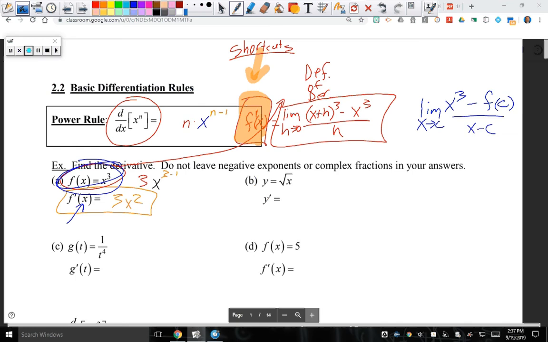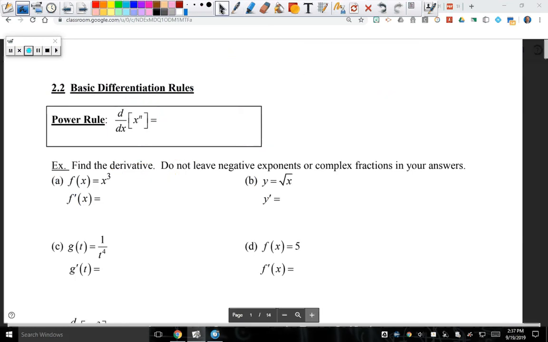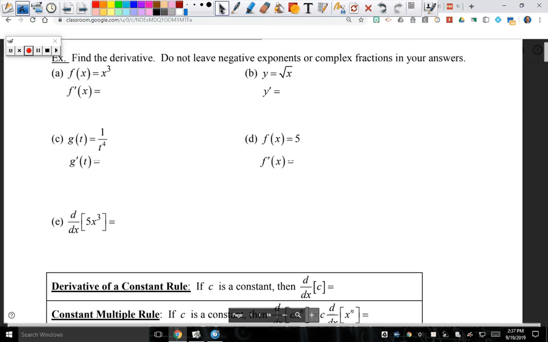Okay? Alright, so now, let's move forward with our rule that we just learned, and this is a big thing that I want you to make sure that you are cognizant of. We cannot leave negative powers. And the biggest reason why is the algebra manipulation experience that you're going to get.